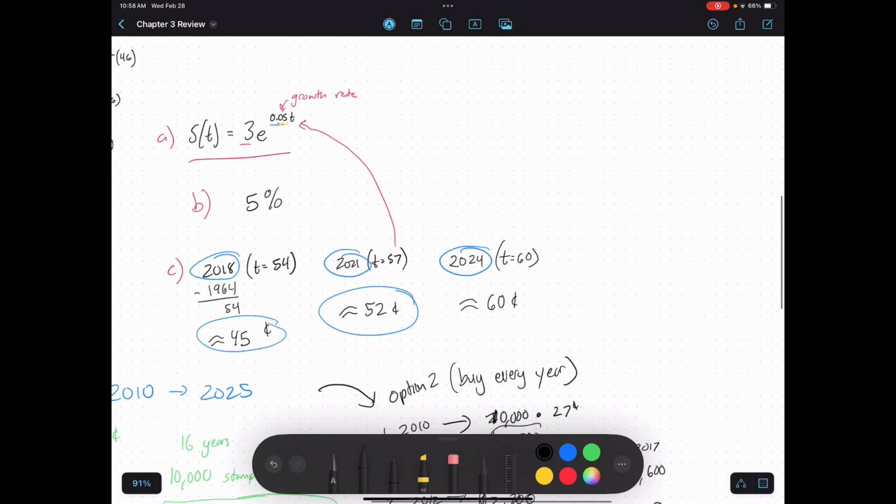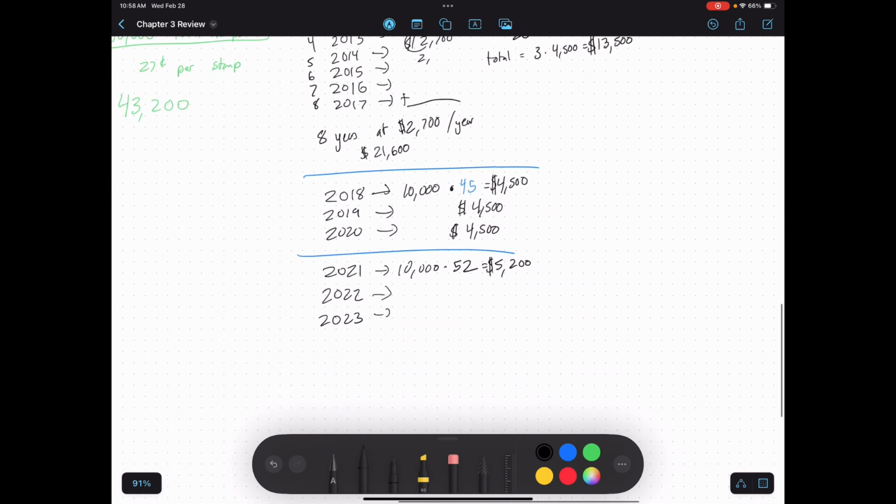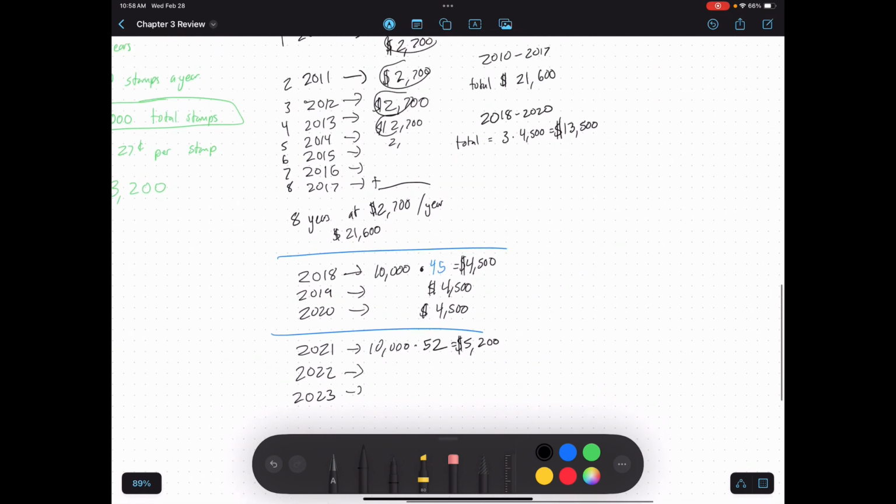And then my price jumps up again at 2024. So just for these 3 years, which means for 2021 to 2023, my total is equal to 3 times 5,200, which is equal to $15,600.